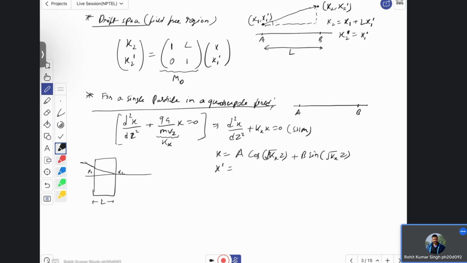Okay, it's the z direction. So when you apply the boundary condition at x1 and x2 in this solution, you get this kind of matrix.